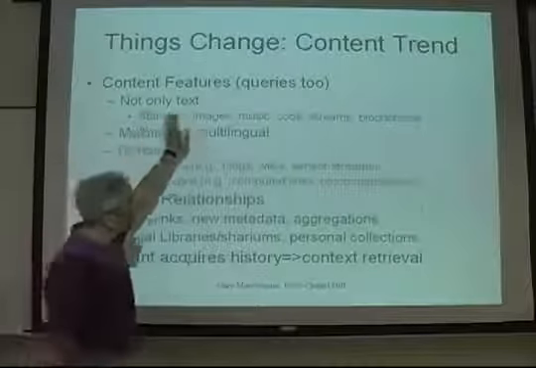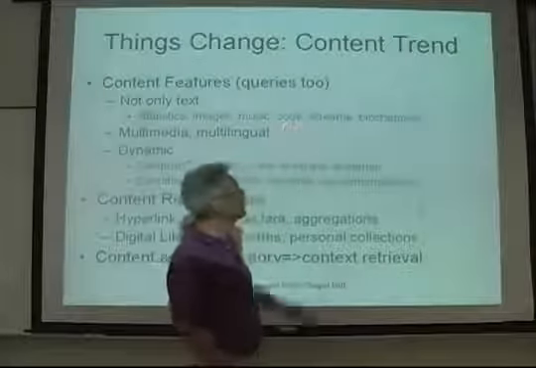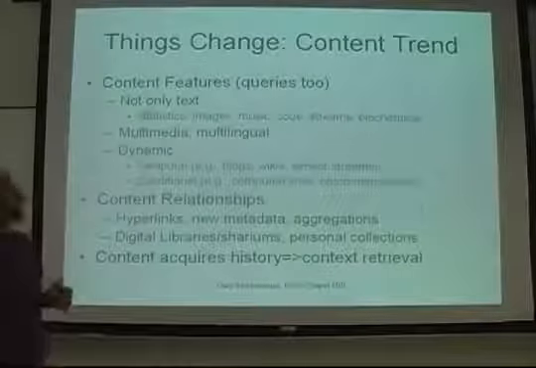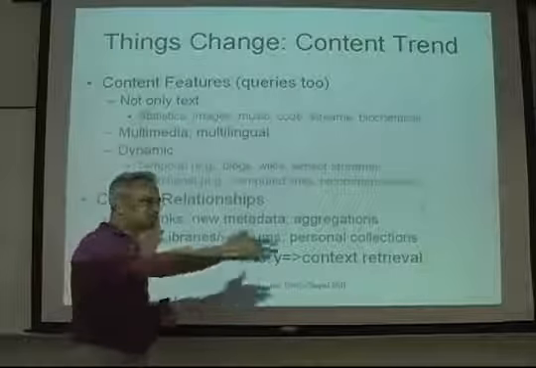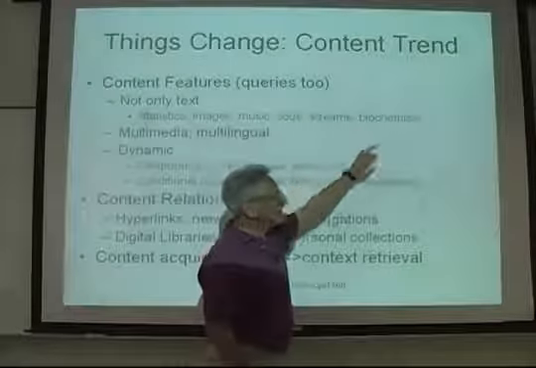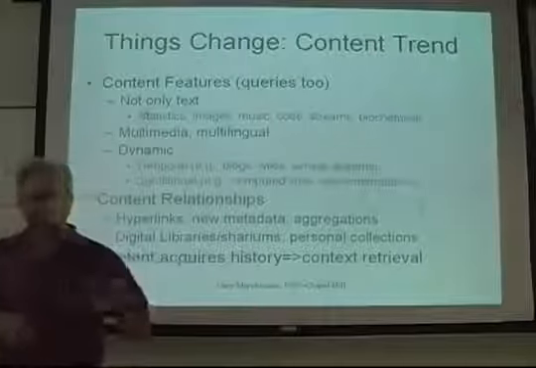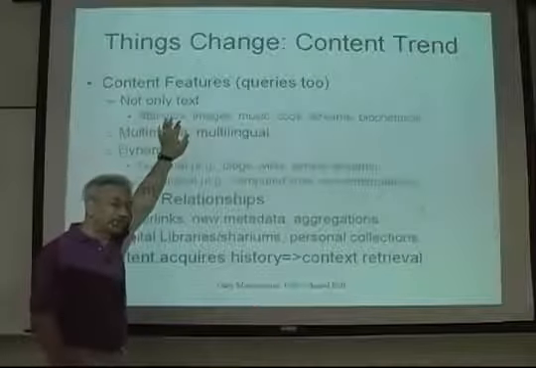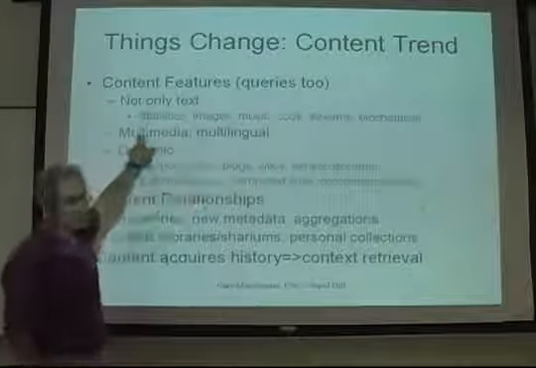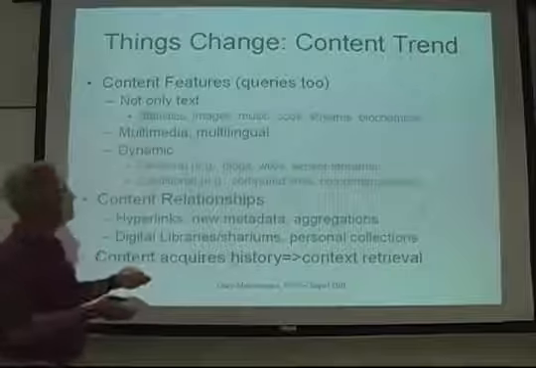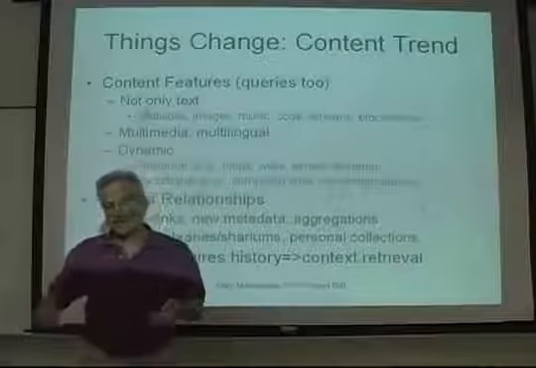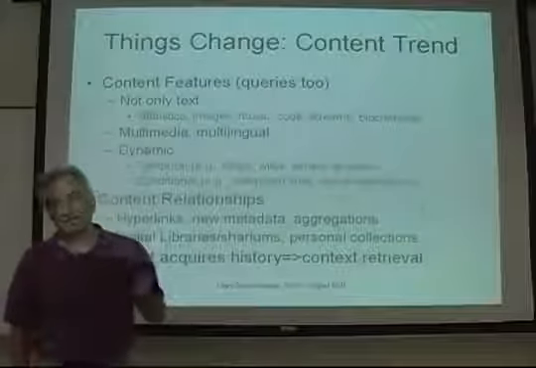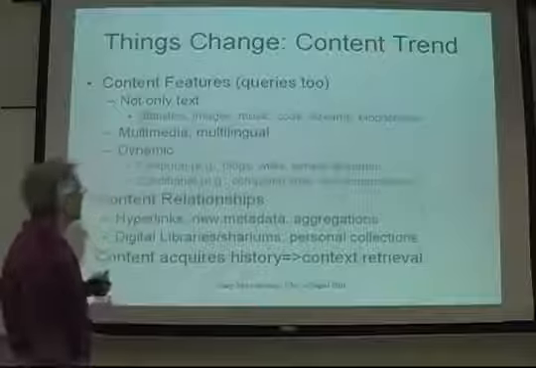We've got statistics and images and music and computer code and streams of data coming back from instruments in space and sensors in the environment, biochemical sequences and proteomic data that's being collected. Moreover, it's not just data that's not text, but it's also multimedia. So we start to mix these things up. You've got data that's both statistical and video all mixed together. And it can be multilingual as well, so we can't just deal with a single human language anymore.